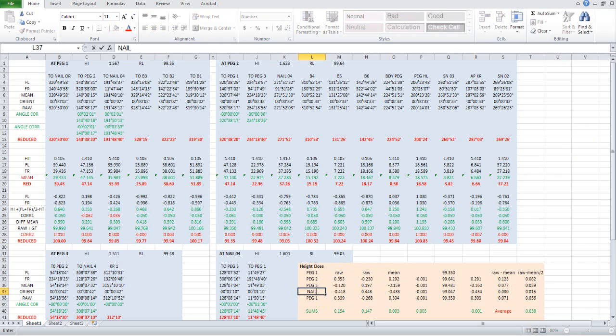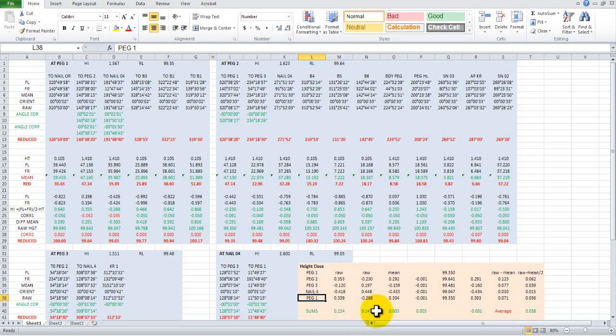I'm just fixing things up here now, as these spreadsheets have a habit of getting things in there. So I've just recorded them all here. Now what I found was that if I added up the raw ones in one direction and the raw ones in the other, we would expect that they would sum to 0 because it's a closed circuit of heights, but it doesn't.